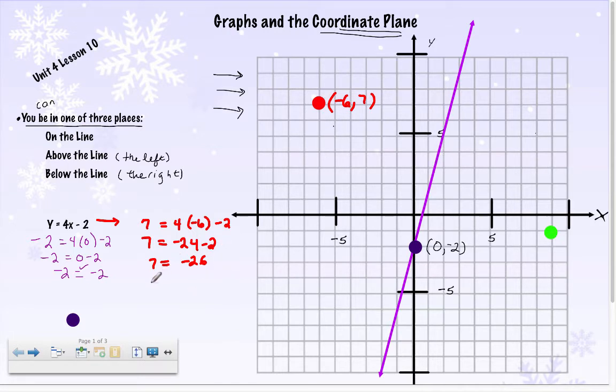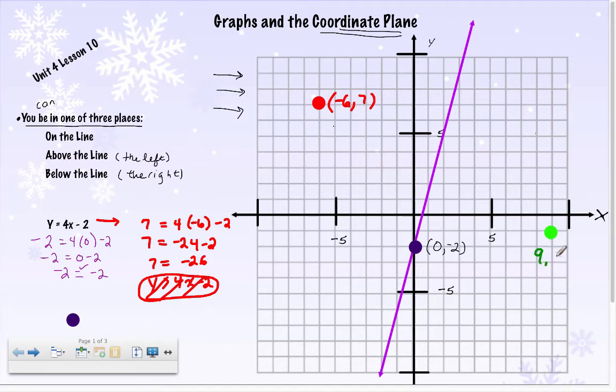In fact, what you kind of saw here was that this y value ended up being greater than 4 times the x value minus 2. Now, this is what we're going to do in Chapter 5. Don't need to worry about it today, but I just thought I'd point it out.